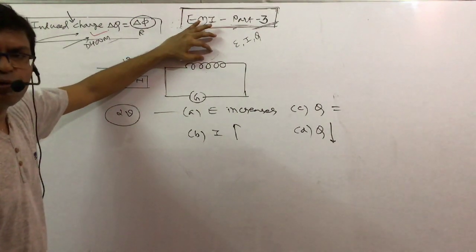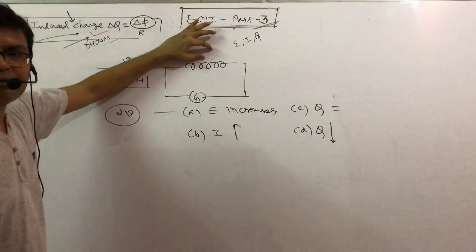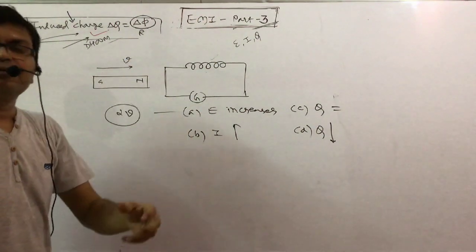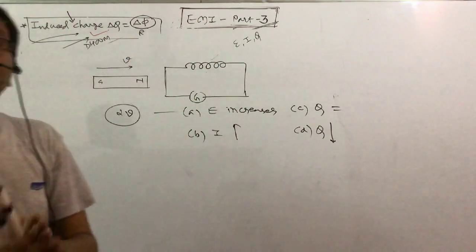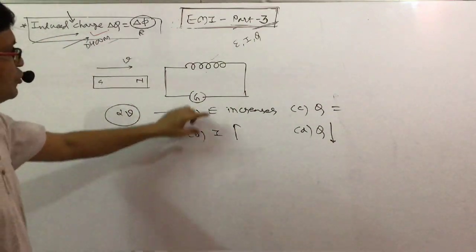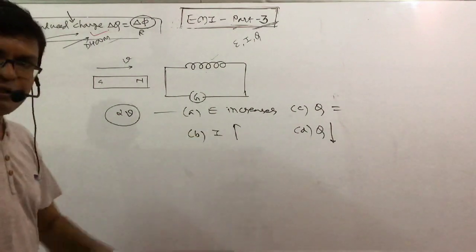And you know that very well, the observation of Faraday's experimental work. If the magnetic flux associated with any coil changes very rapidly, then obviously the value of induced EMF, and that's why induced current, increases. So induced EMF increases, induced current increases.